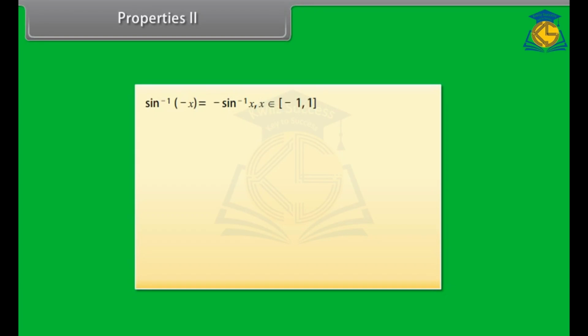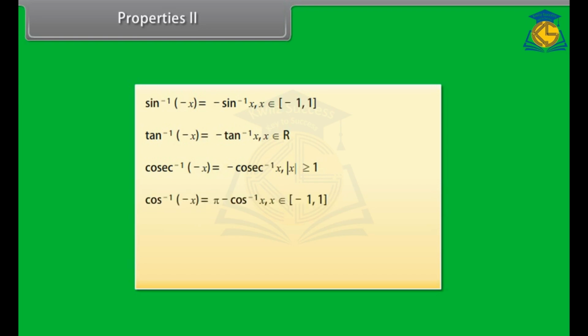Properties 2. Sine inverse of -x is equal to minus sine inverse x, x belongs to [-1, 1]. Tan inverse of -x is equal to minus tan inverse x, x belongs to R. Cosec inverse of -x is equal to minus cosec inverse x, modulus of x greater than or equal to 1.